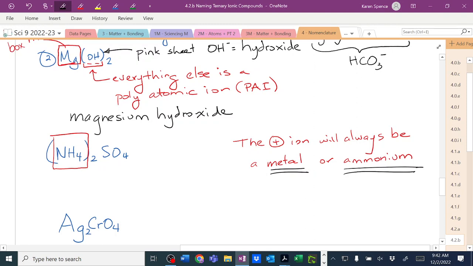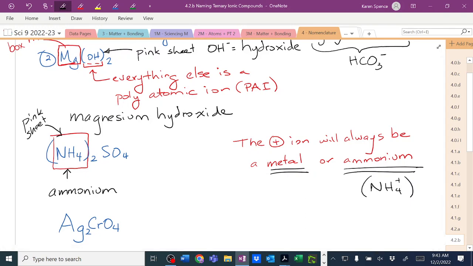And in this case, we have ammonium. If you can't remember its name, where would you look? You would look on your pink sheet, okay? It's one that gets used fairly often, so lots of people just start to remember it over time. But if you don't know it, look it up.